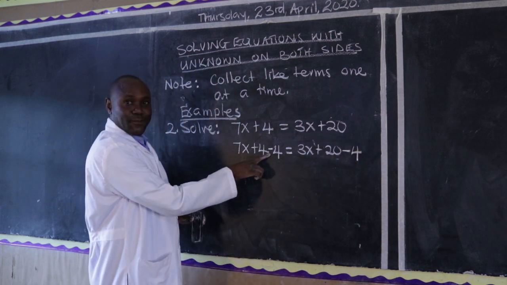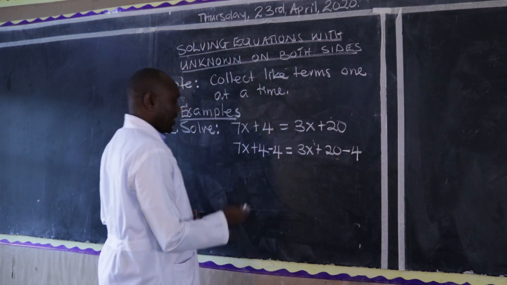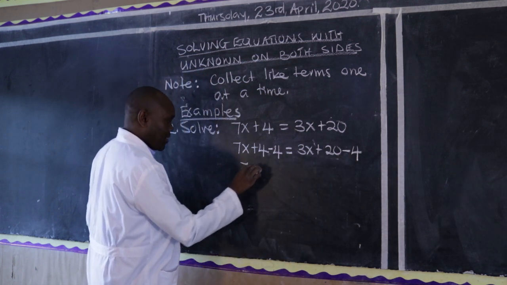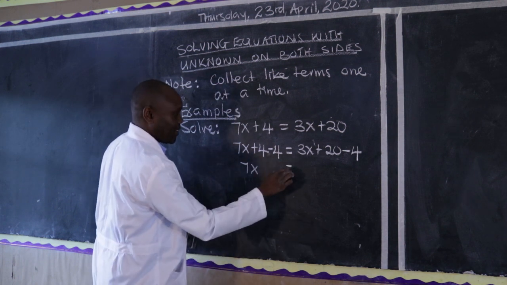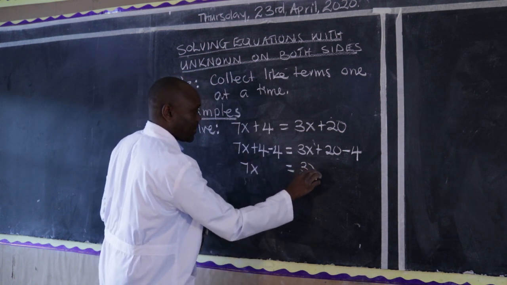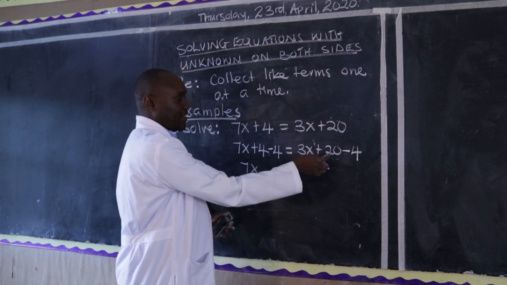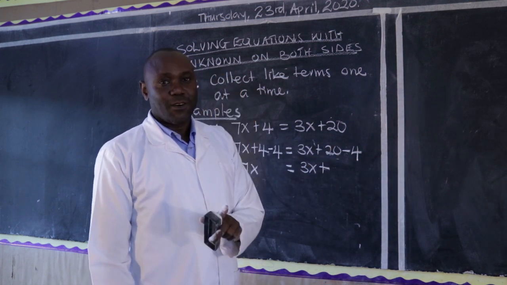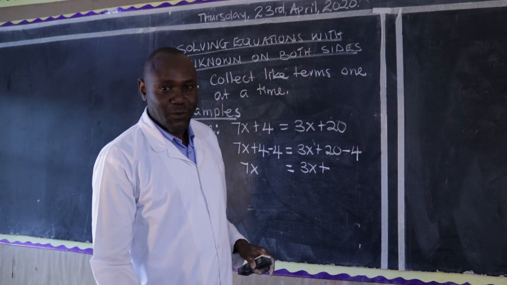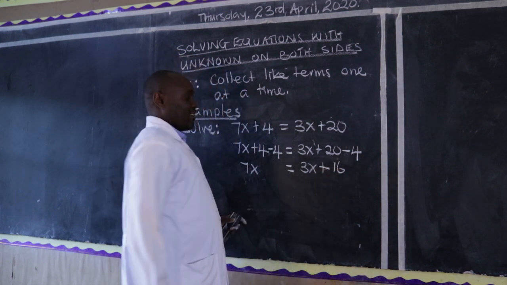Next step is 7x. 4 minus 4, definitely 0. Equals, we have here 3x, and then plus, candidates, 20 minus 4. What answer do we get? 20 minus 4 is 16.